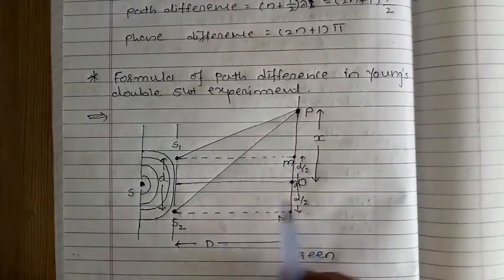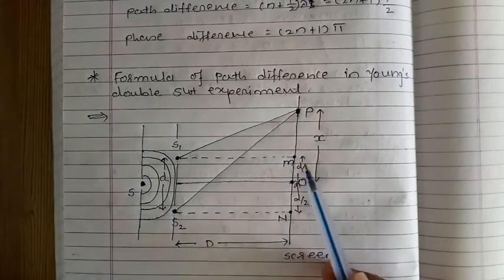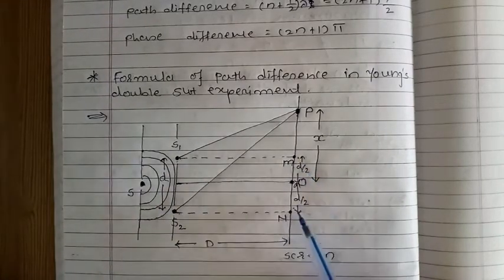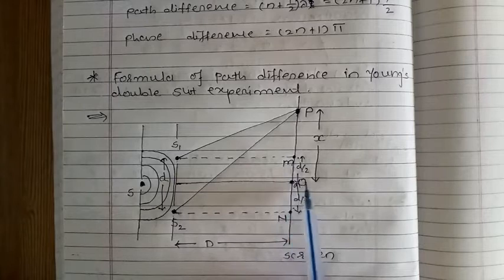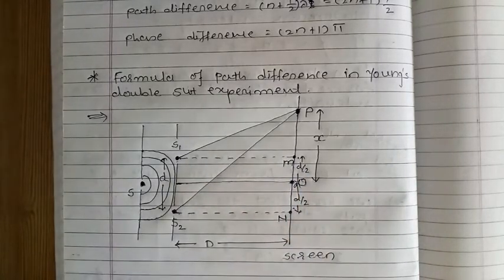So the distance between M and O is d by 2 and O to N is also d by 2, right?